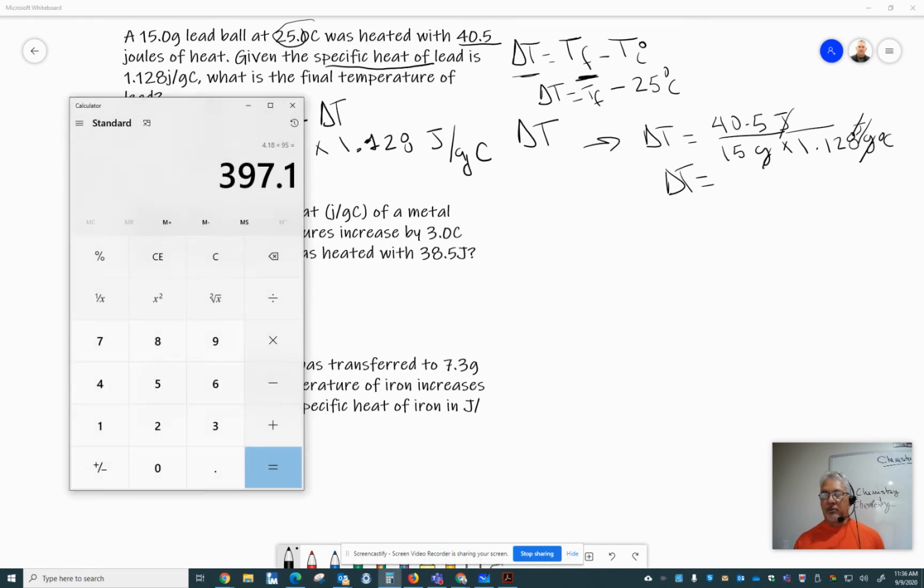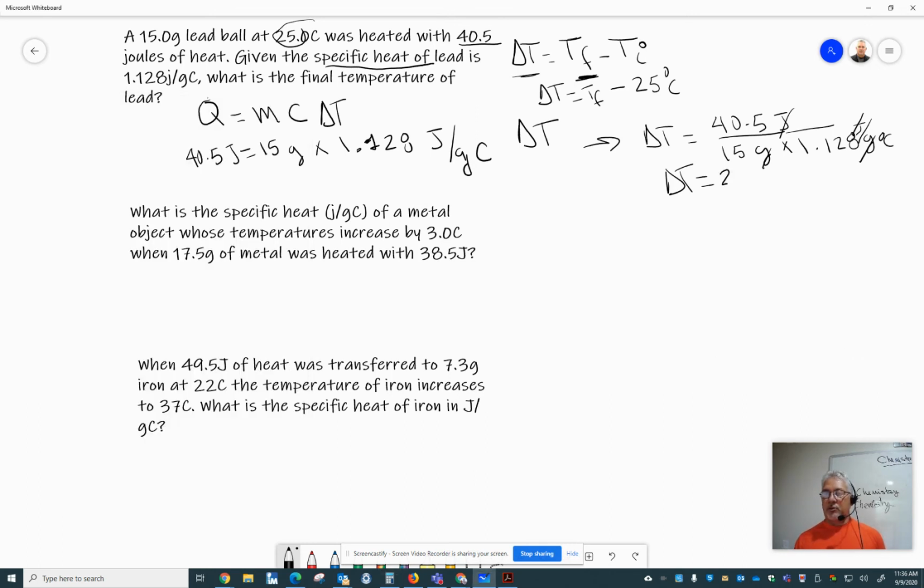Let me get my calculator again. 40.5 divided by 15, and I get 2.7, and then I need to divide again by 1.128, and that will give me delta T equal to 2.39.